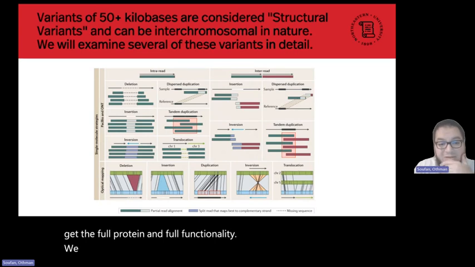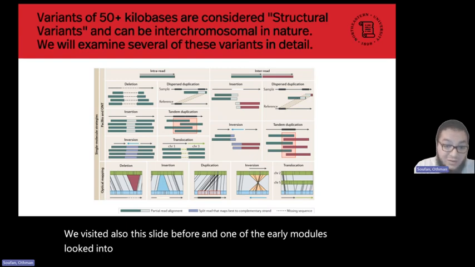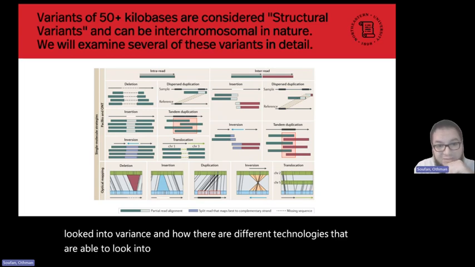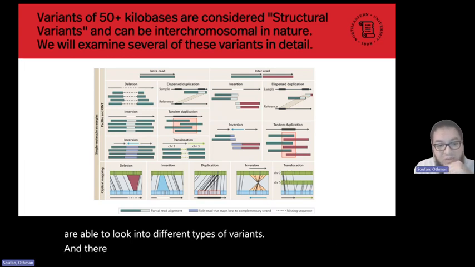We visited this slide before in one of the early modules, looking into variants and how there are different technologies that are able to look into different types of variants. In this case, we're looking at intra-read.